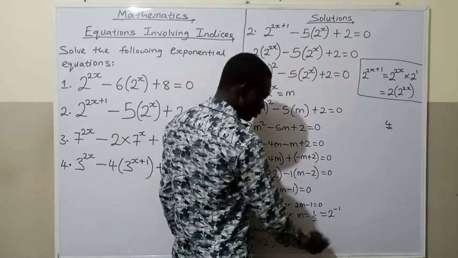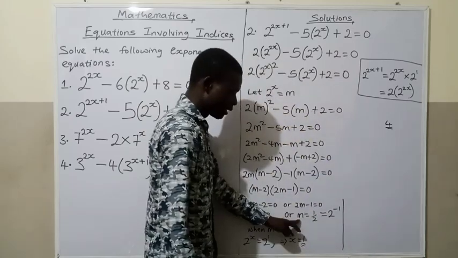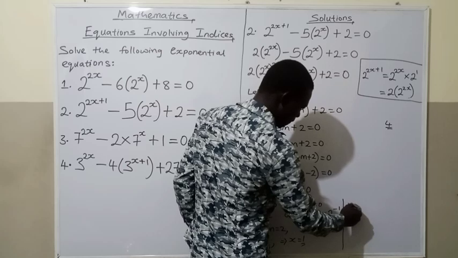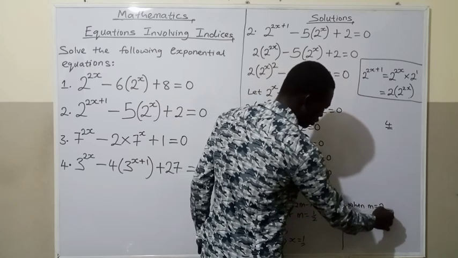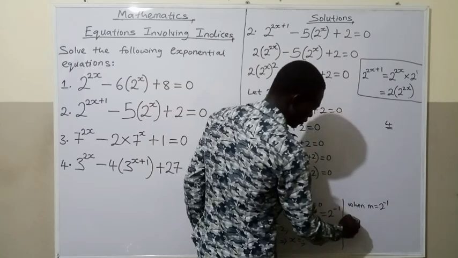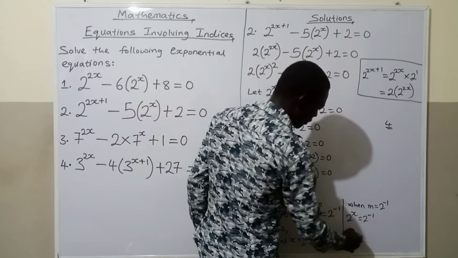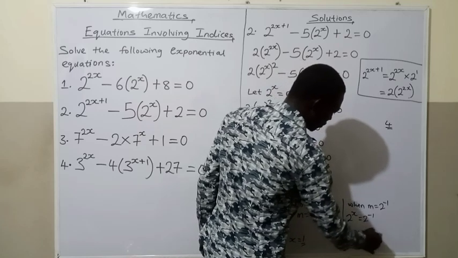And for the second solution, let me transfer that to this place. When m is equal to 2 raised to power negative 1, it tells us that 2 raised to power x is also going to be equal to 2 raised to power negative 1. And that implies that x is going to be equal to what?